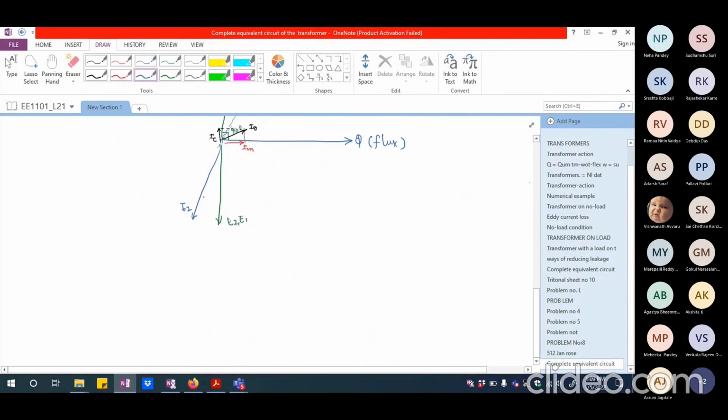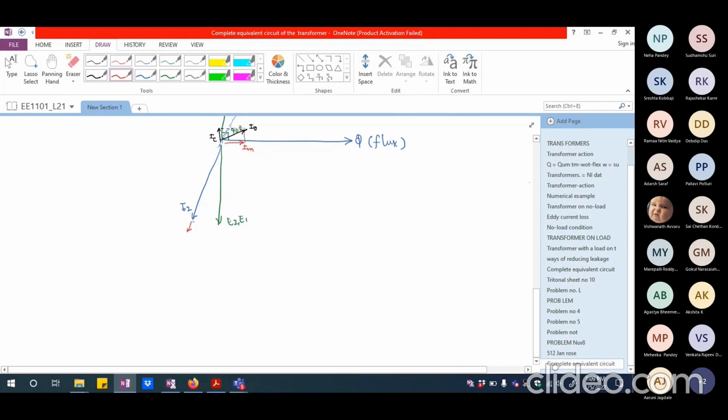So if this is I2 dash, let me first of all write I2 dash R2 dash will be in phase with this exactly. Okay. Now I have to find out where I2 dash JX2 dash will be. Right. In what direction will it be? It should be 90 degrees leading. It should be 90 degrees leading.